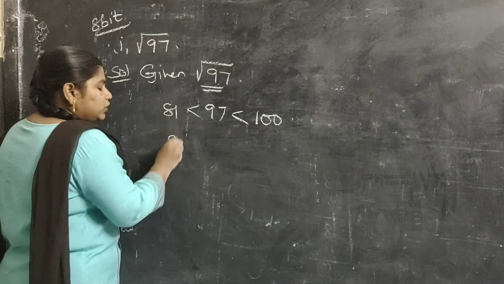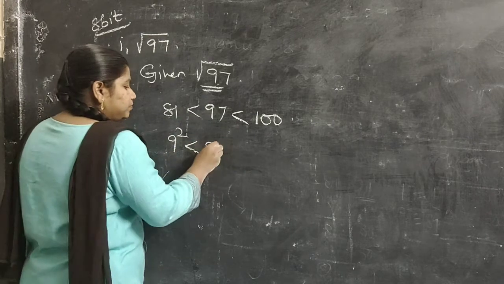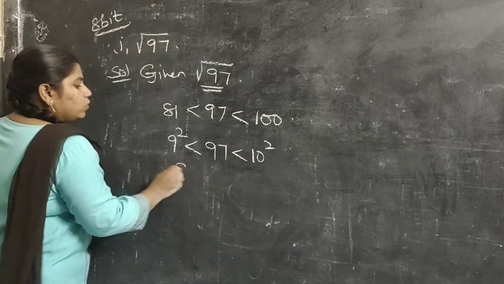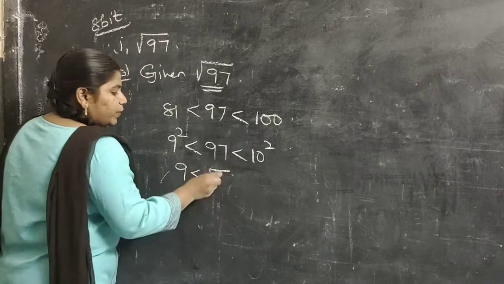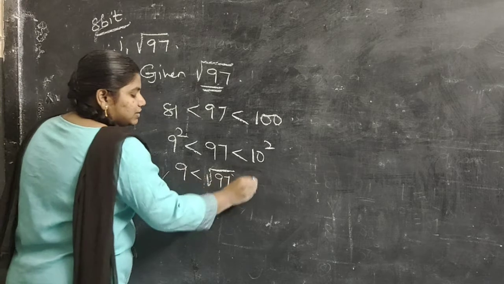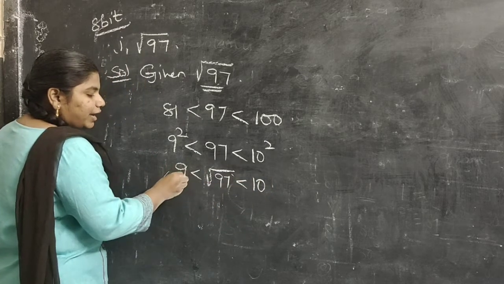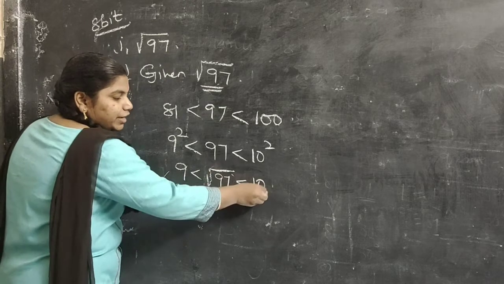So this 97 will lie between 81 and 100. So 9 square is less than 10 square. So 9 is less than square root of 97 is less than 10. So this 97 is nearer to which value, 9 or 10? It is nearer to 10.